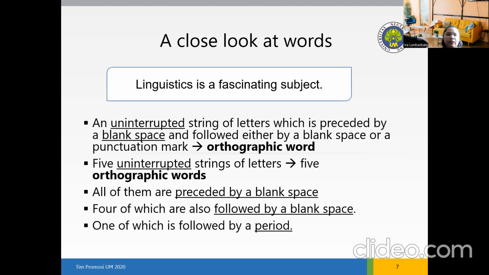Four of them are followed by a blank space, and one is followed by a period. The difference among these orthographic words is the period after the word subject, and in the word linguistics, the letter L is capitalized. So that's the difference here.